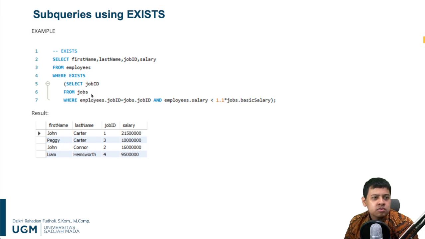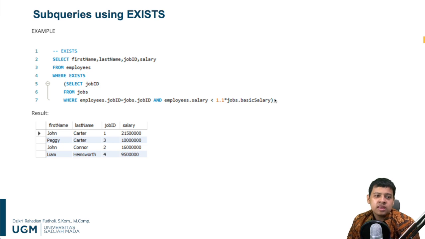from jobs where the employee's job ID is equal. There is a job ID over here, and the employee's salary is below 110% of the basic salary.